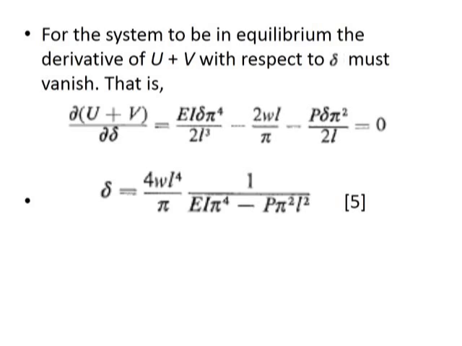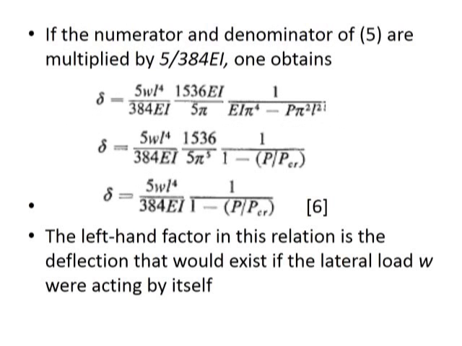Delta is equal to 4WL raised to 4 by pi into (EI pi raised to 4 minus P pi squared L squared). If the numerator and denominator of the above equation are multiplied by 5 by 384 EI, the equation becomes, on rearranging, delta is equal to 5WL raised to 4 by 384 EI into 1 by (1 minus P by PCR).